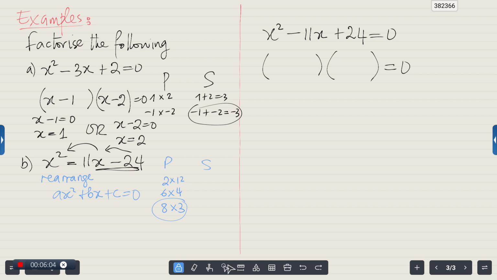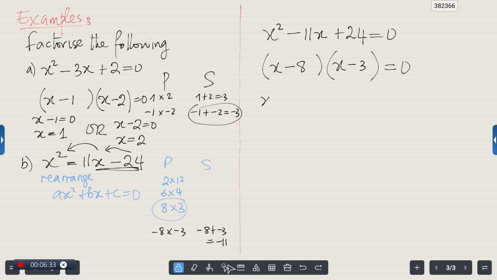We are looking at 8 and we are looking at 3. For them to be negative, we should have minus 8 and minus 3, which is minus 8 plus minus 3 equals minus 11. So our two factors would be x minus 8, x minus 3.